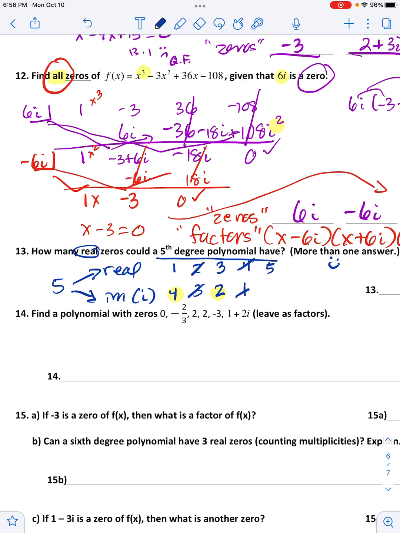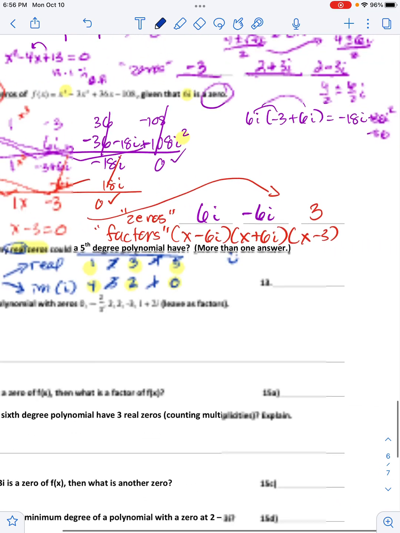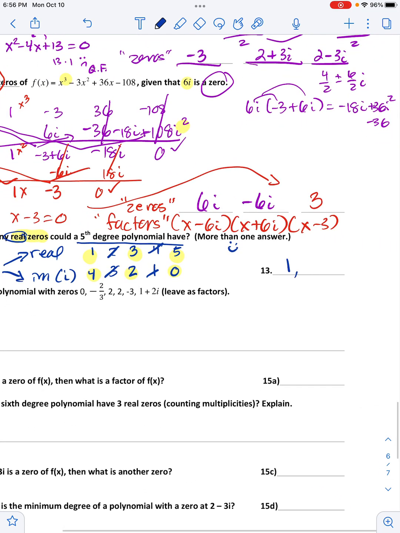Could I have 5 real and no imaginaries? Yes. So all of my imaginaries have to be 0, 2, 4. And so the options for what they're asking me for, it says how many real zeros could it have? The answers are that it could have 1 real zero, 3 real zeros, or 5.